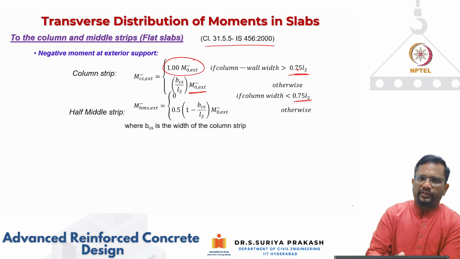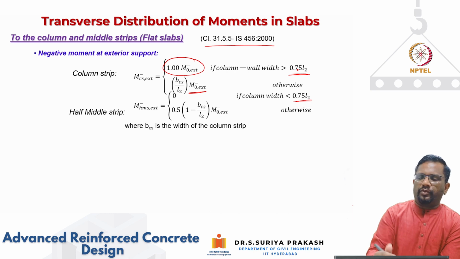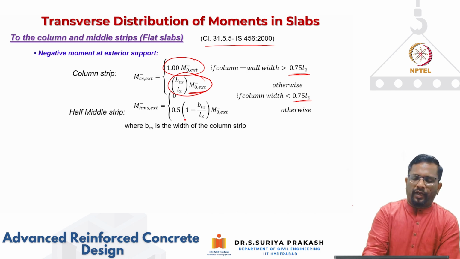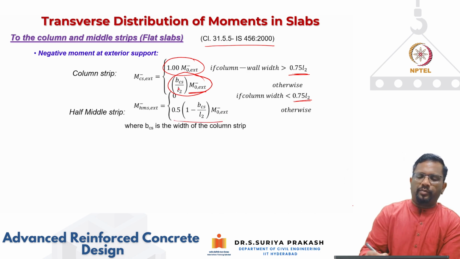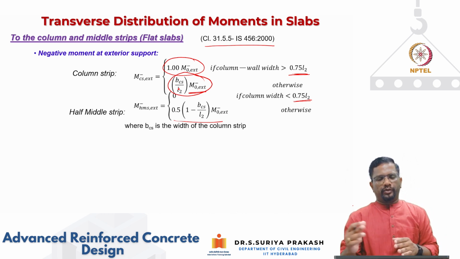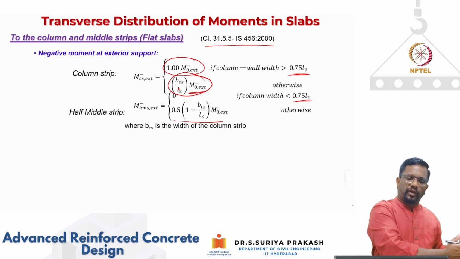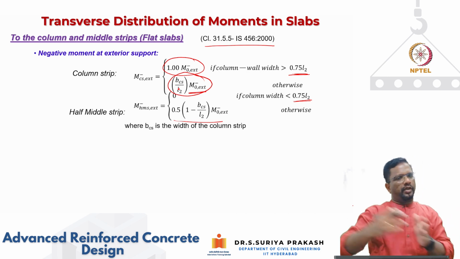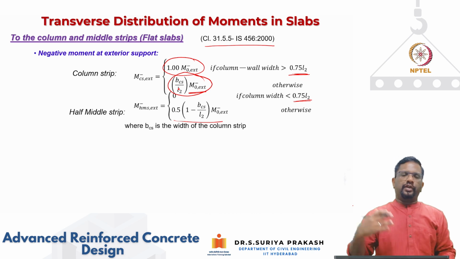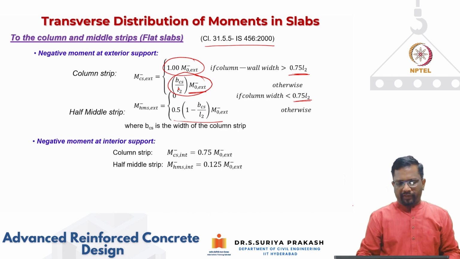If it is less, then that region is not going to be as stiff. So the code says you distribute the moment to column strip as BCS by L2 times M naught exterior, and the remaining, M naught exterior minus BCS by L2 into M naught exterior, you put 50% on one half middle strip and another 50% on the other half middle strip. So that is valid for flat slabs.